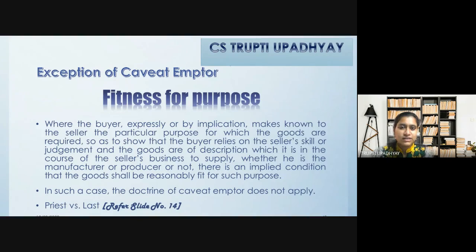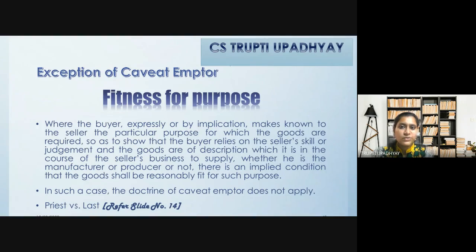If these conditions are met, then the seller shall be held liable for selling goods which are not fit for the purpose. So here the rule of caveat emptor will not apply, and the buyer can repudiate the contract and can reject the goods.